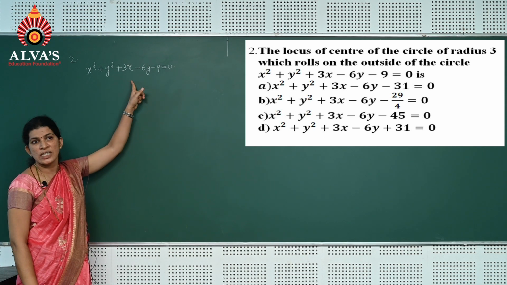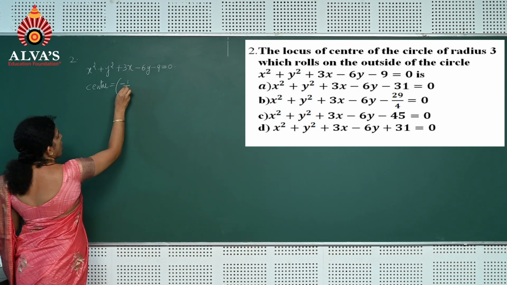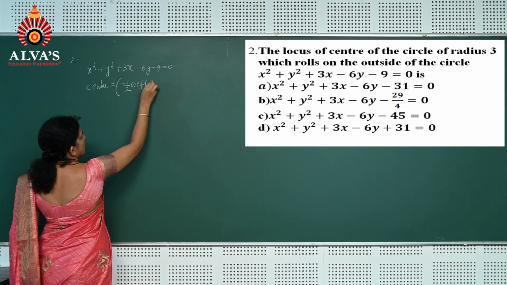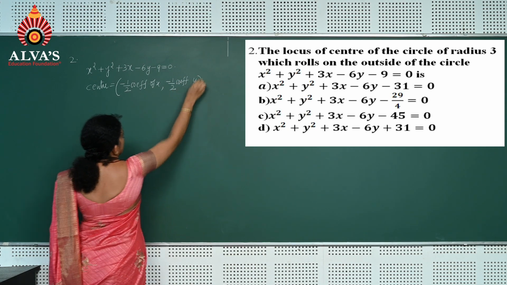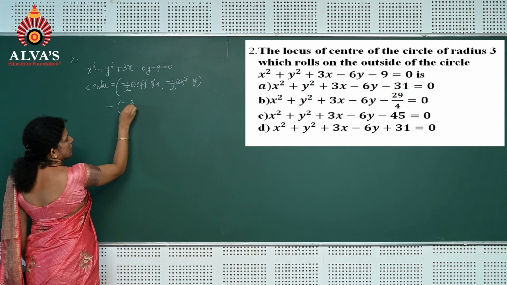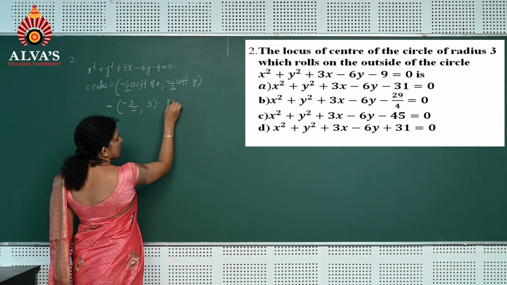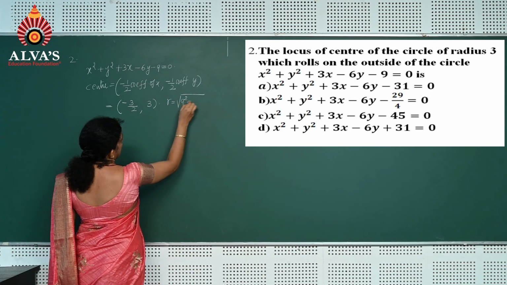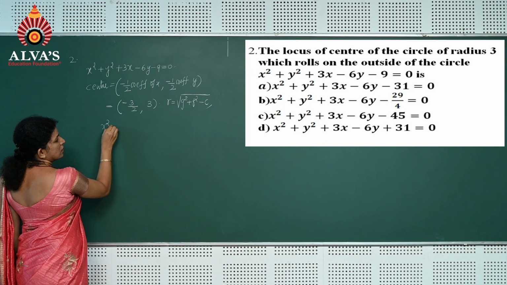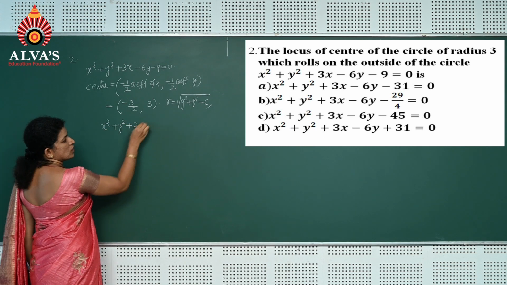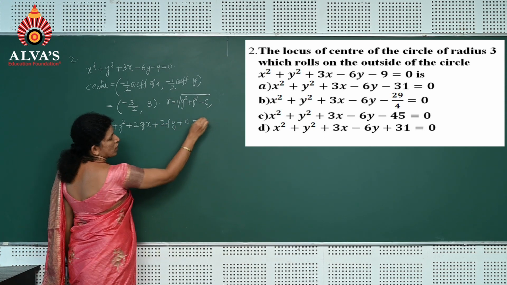If such an equation is given, then the center of the circle is nothing but minus half of the coefficient of x, comma minus half of the coefficient of y, so the center is nothing but (minus 3 by 2, 3), and radius is nothing but square root of g square plus f square minus c, where the standard equation of the circle is x square plus y square plus 2gx plus 2fy plus c equal to 0.